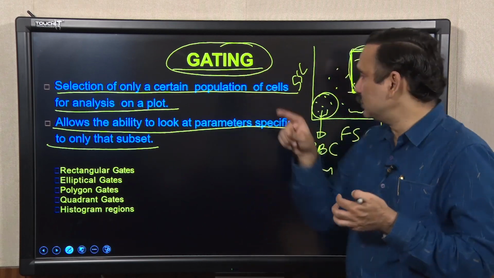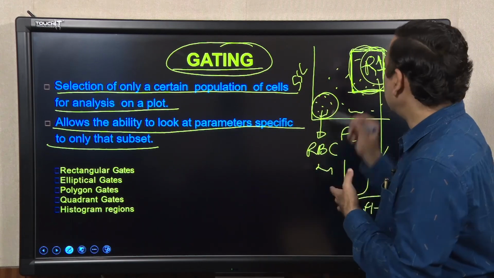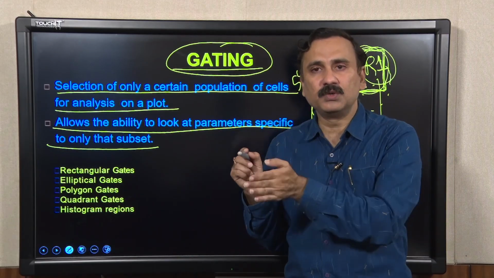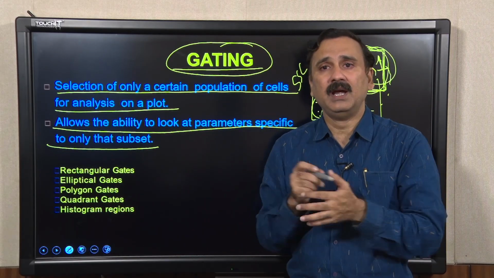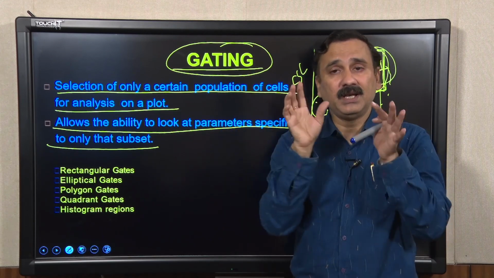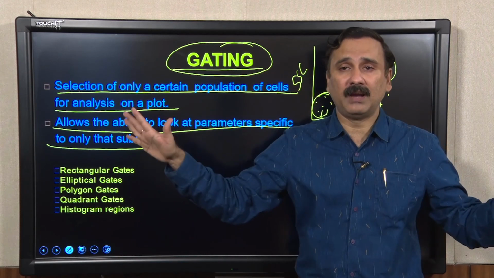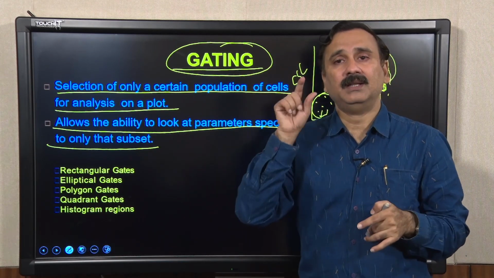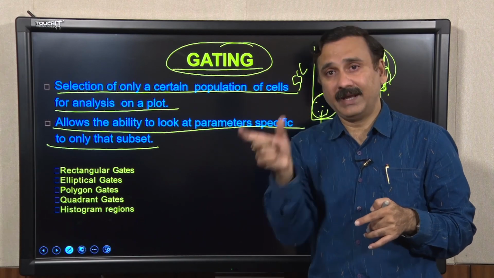Then I can make a bracket with the electronic tools available within the software and gate that particular region. So it is not going to analyze the whole sample, it only gives me the flexibility of analyzing the sample present within that gate.